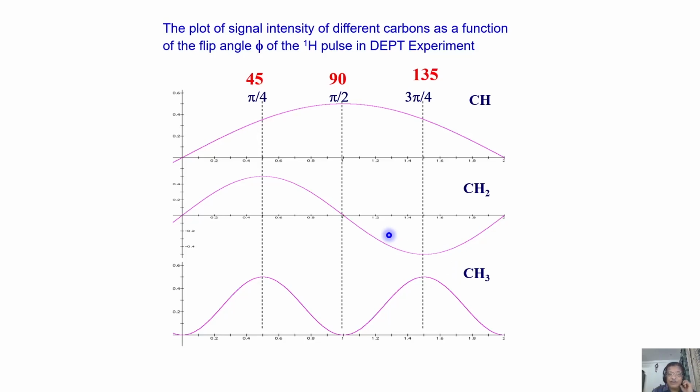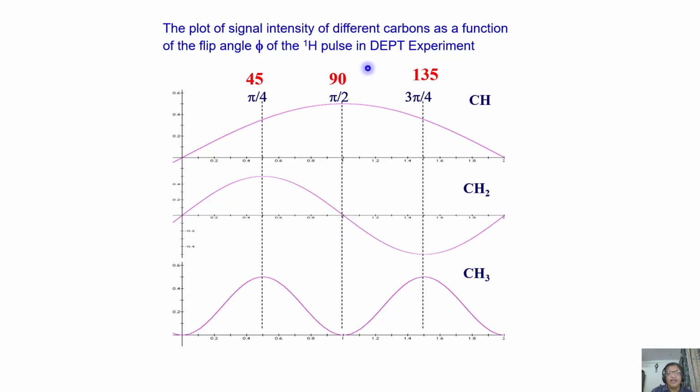When you do the 135 experiment, it is called DEPT 45, DEPT 90, and DEPT 135 experiments. When you do DEPT 135, simply look at the peaks with negative intensity. They all correspond to carbons attached to two protons. Those are CH2 carbons.